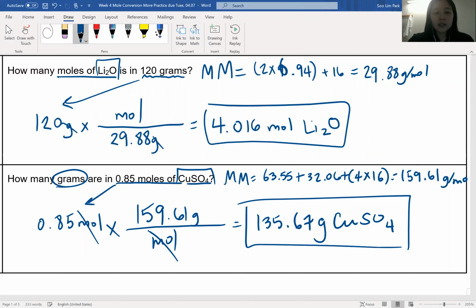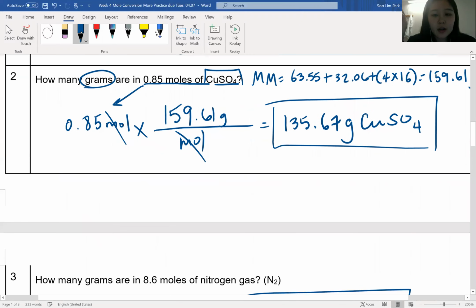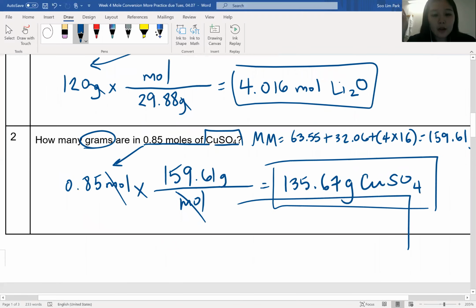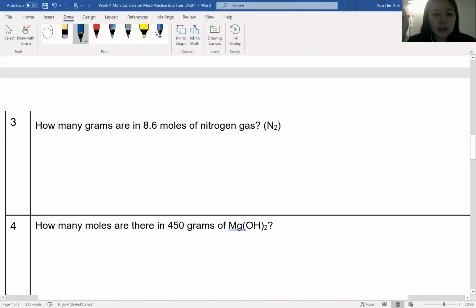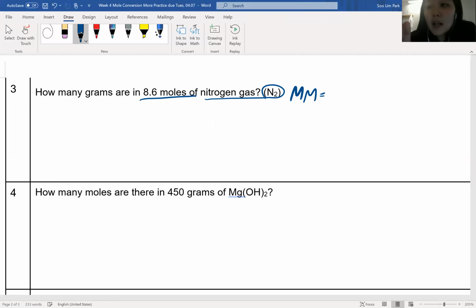All right. Let's move on to number 3. It says how many grams are in 8.6 moles of nitrogen gas. So we're given nitrogen gas, so we want the molar mass of nitrogen gas. That's easy because nitrogen is 14 and then times 2, it's going to be 28 grams per mole.